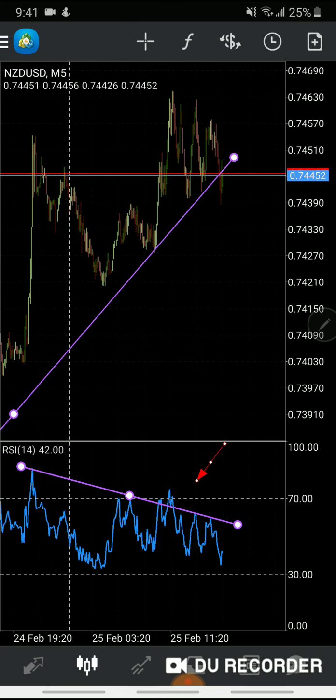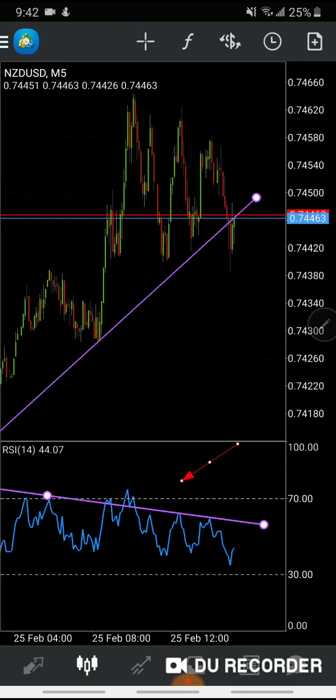So what I did in this area here, I saw that price came back up to my arrow, and I did a quick scalp. You can see it here, right?